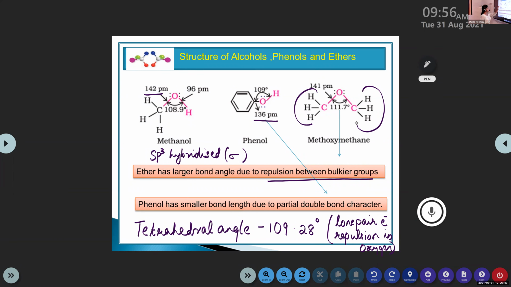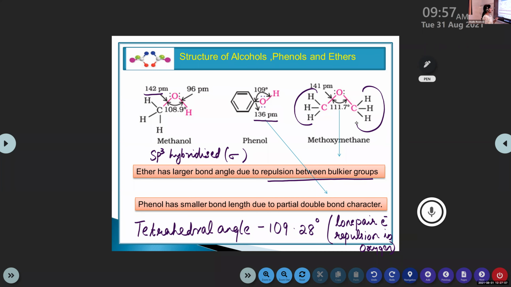And when you look at the bond angle between carbon, oxygen and hydrogen, it is 108.9 degree. That means it is slightly less than the tetrahedral angle. The value of tetrahedral angle is 109.28 degree. And the reason is that there are lone pair electrons present in the oxygen atom. There will be electron repulsion between these electrons.